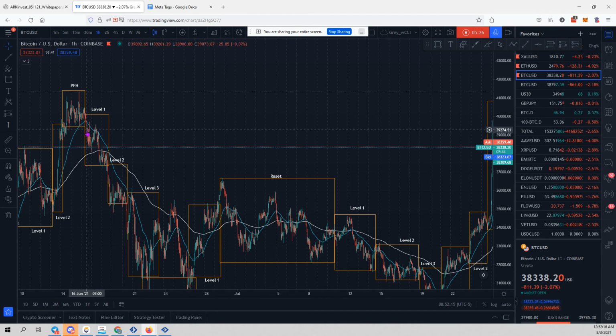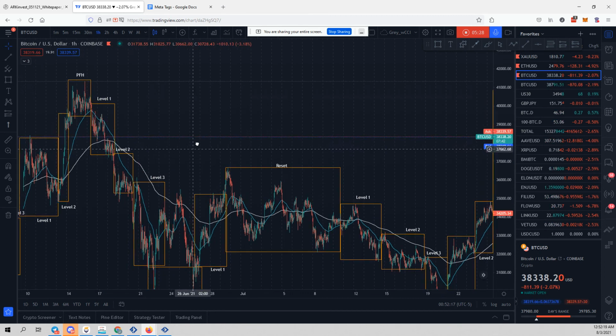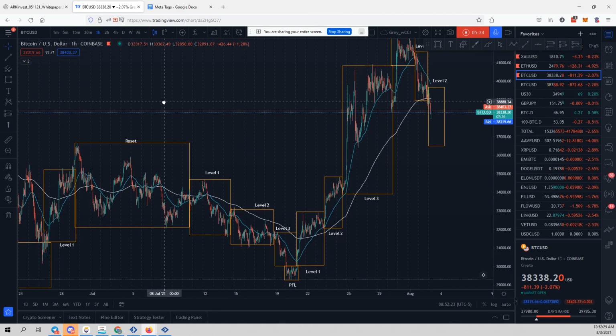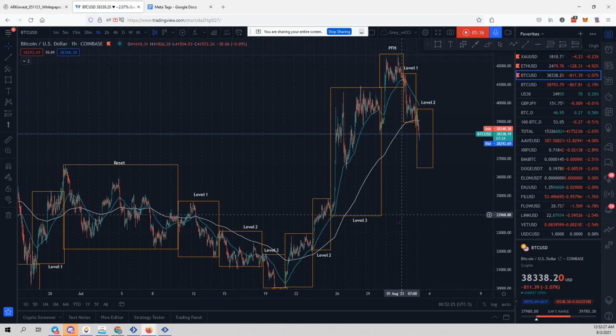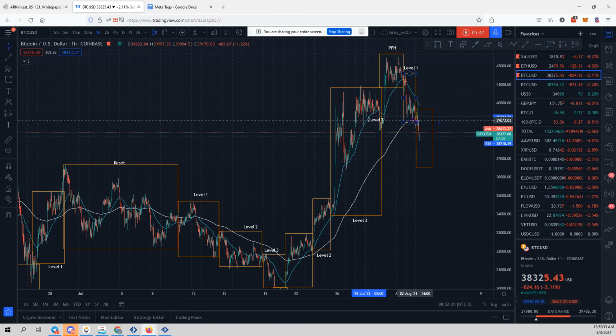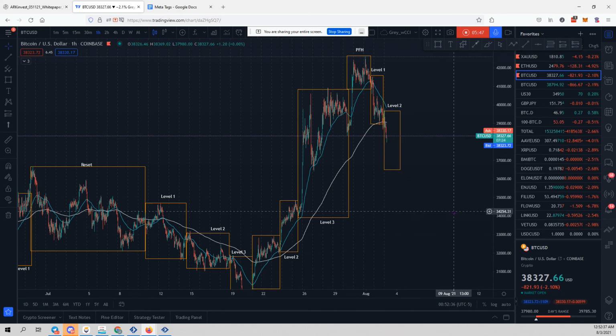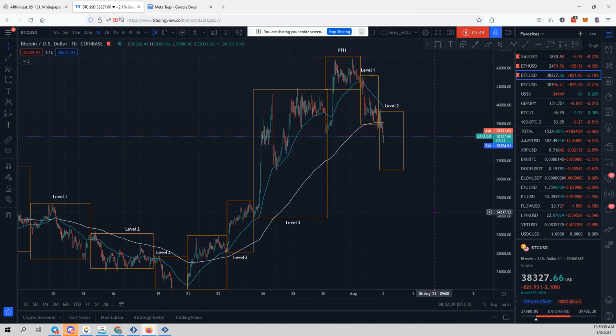So you could see push 1, 2, 3 levels down. Trend was pushing, and the counter, we saw level 1, level 2. So I'm expecting a minimum, because now the trend is pushing to the upside, I'm expecting a minimum of 2 pushes to the downside and then continued push to the upside for 3 levels. That's what I'm expecting. Again, trade what's in front of you, and hope that helps, Rob. Okay.